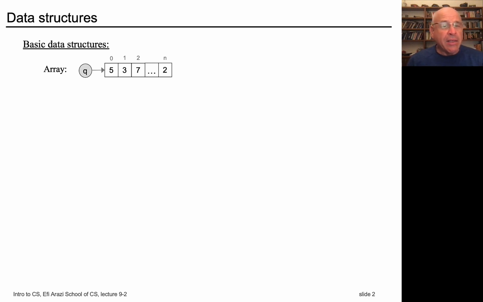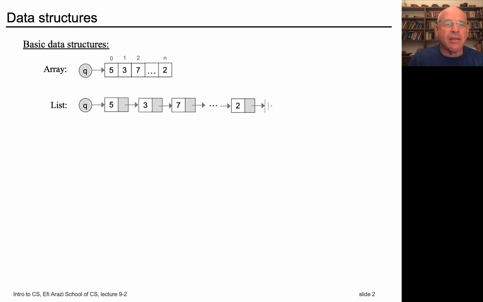And another data structure, which is similar but not identical, is sometimes called a list and sometimes also called a linked list, or in Hebrew, רשימה or רשימה מקושרת.